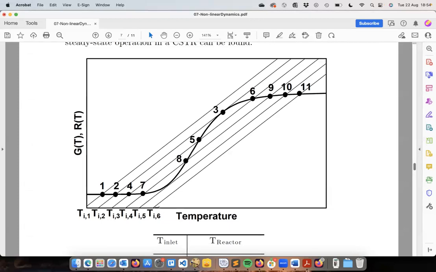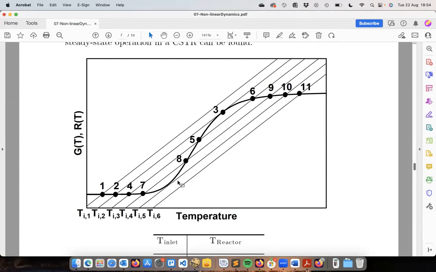So let's think about what happens. We start with a temperature down here. And let's think about the relative positions of these two curves. That's the reason we draw G and R on the same graph, because we can easily see what's going to happen. So at this point, TI6, G is greater than R. Here's the R line, here's the G line. So G, we know, is generating heat in the reactor.